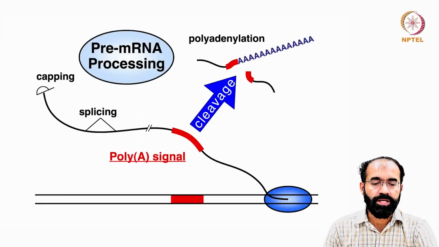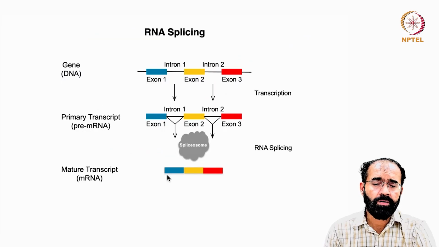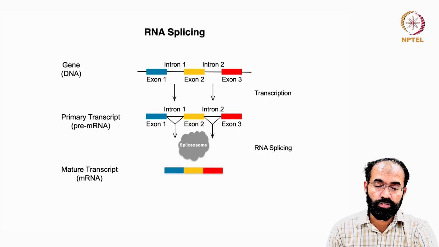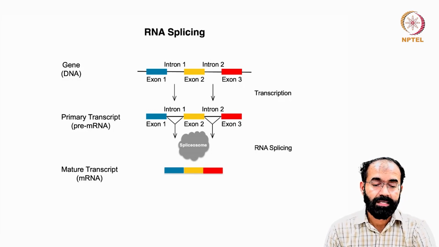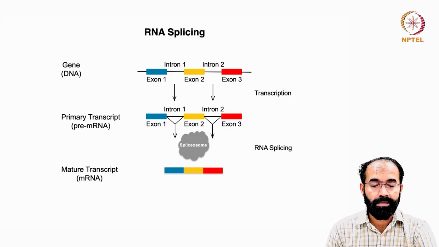So we know pre-mRNA processing involves capping, splicing, poly A signal, cleavage and polyadenylation, and so on. This happens from the DNA. When it comes to RNA splicing, we know it comes from the DNA and has exon 1, exon 2, exon 3, and also two introns, and the spliceosomal machinery works on the primary transcript, or the pre-mRNA, and produces the mature transcript.